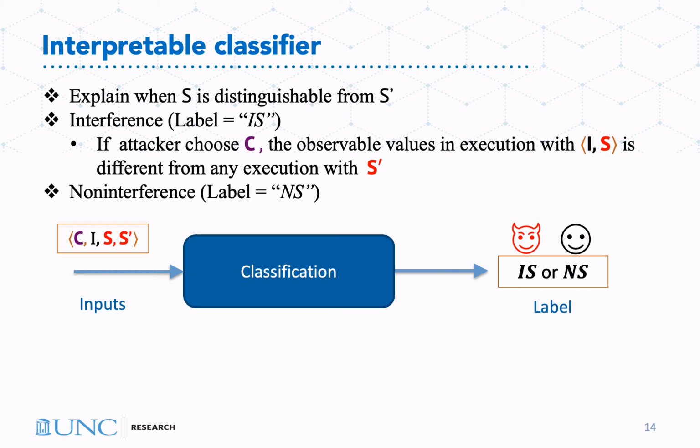The logic of the classifier will be able to tell when the attacker chooses some secret-controlled variable C, the observable for S and delta is not possible for any execution with S prime. And this classifier will output label IS or NS, representing interference set or non-interference set.